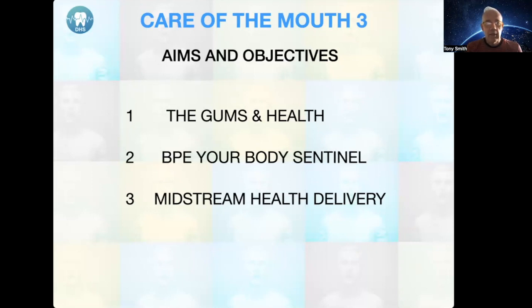We call it the BPE, the basic periodontal examination, and how your gums really reflect on the general health of your body. And then the third thing is something that I heard today on a talk from what used to be termed community dentistry. I'm really struggling to get to grips with new terms, but this is where you come in big time, and we all can help one another, and that's what this is all about.